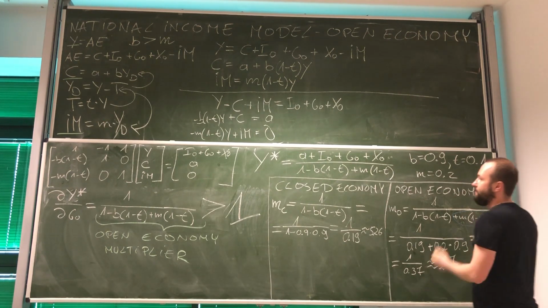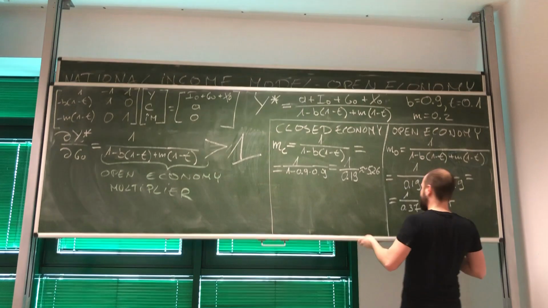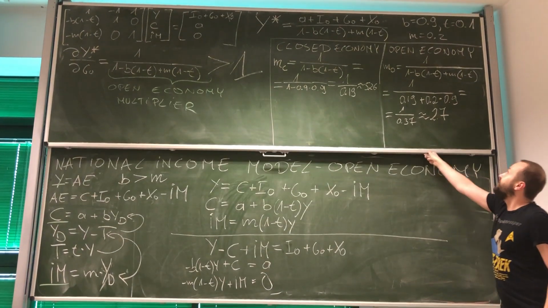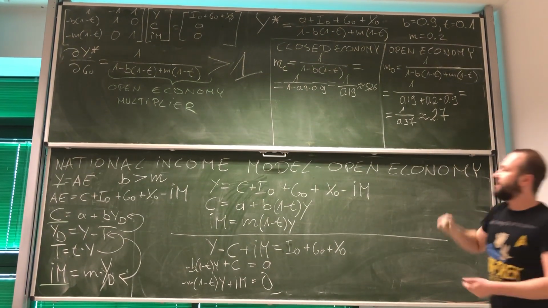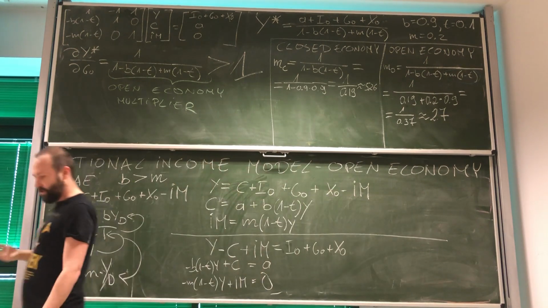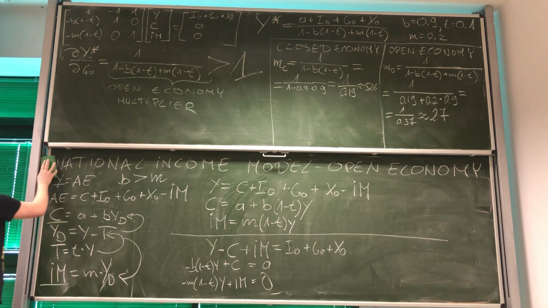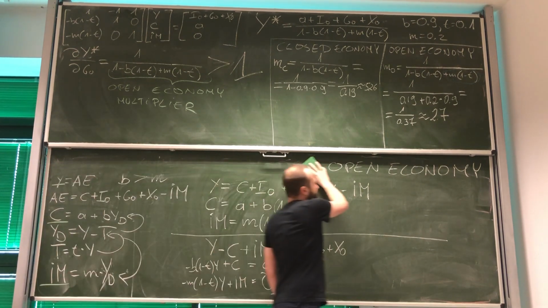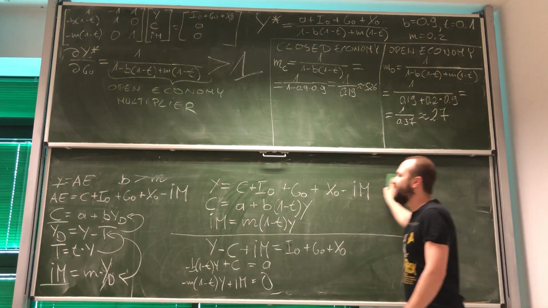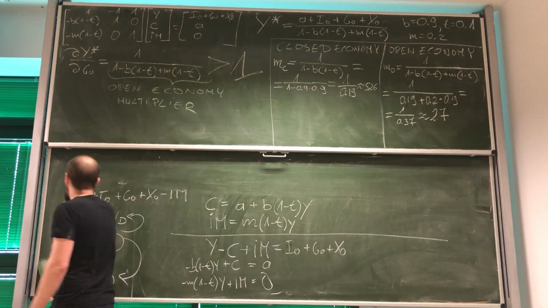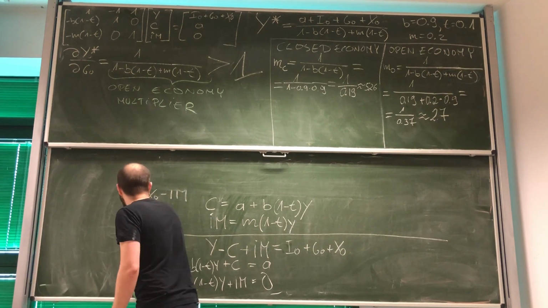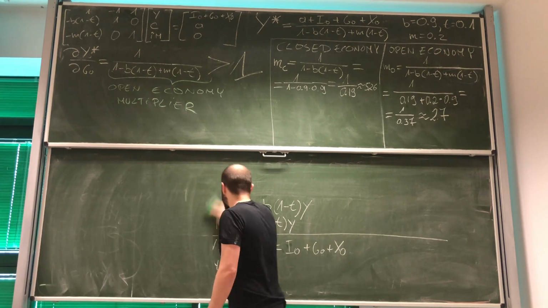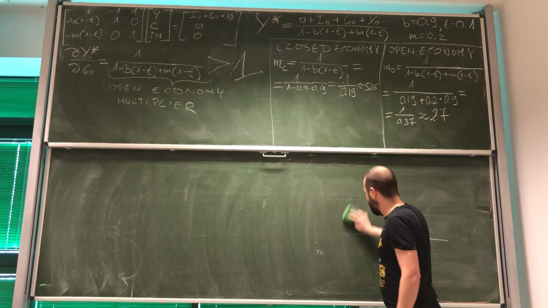Okay, so knowing this, we can clearly see that the introduction of open economy into our model, so introduction of just exports and imports, has lowered the value of the multiplier in the economy.